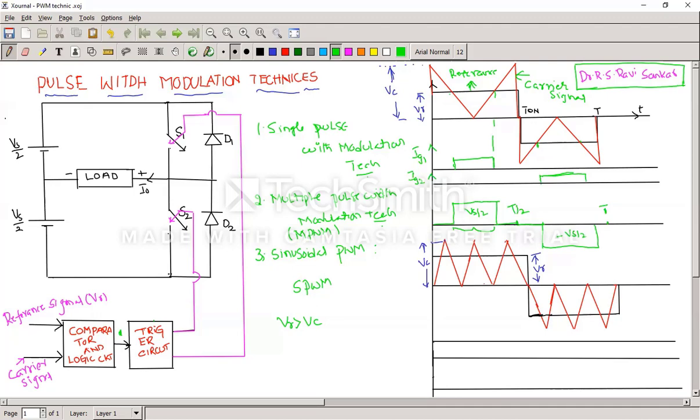Next, one more point: how are we going to control this width? To control this width, there is the amplitude modulation index.